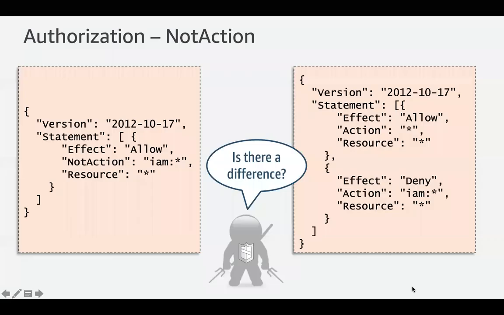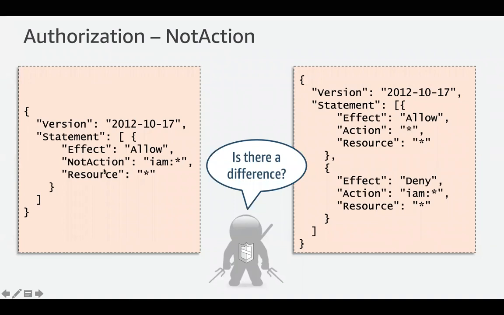In this case, I'm writing a policy that says allow not action and resources star. And here, allow action and resource. And you're basically denying an action in IAM.